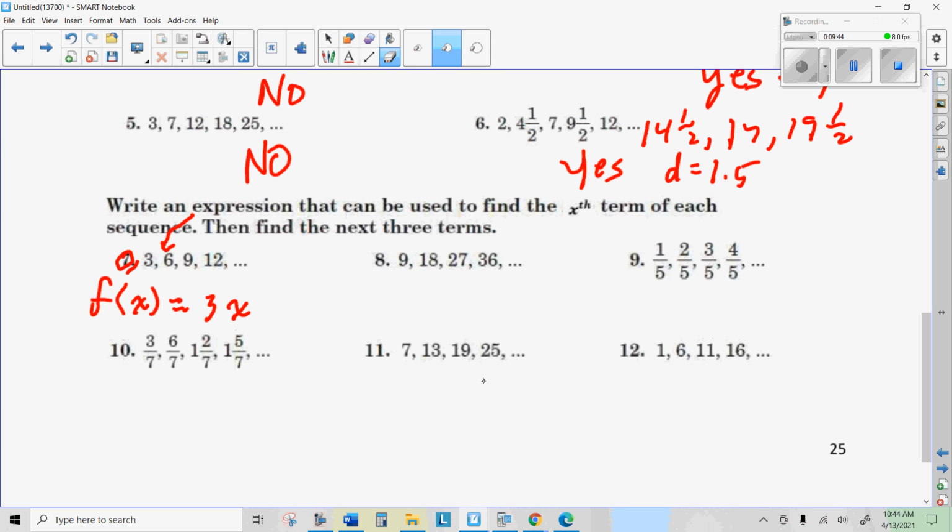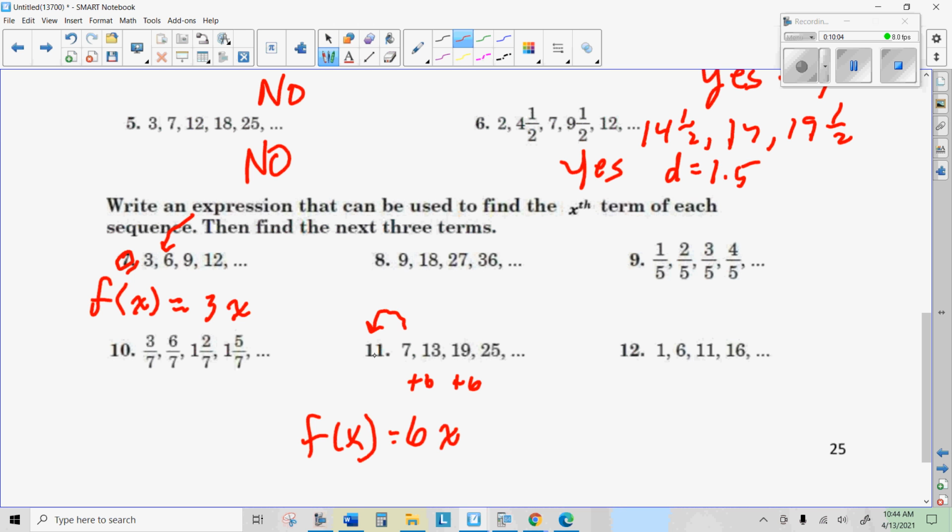So let me pick one here that's a little more difficult. Number 11, it looks like we're adding 6 every time, right? So we're going to do 6x. And then I'm going to go back to the 0th term by subtracting 6 from 7, which would be 1, and that's going to be my y-intercept.